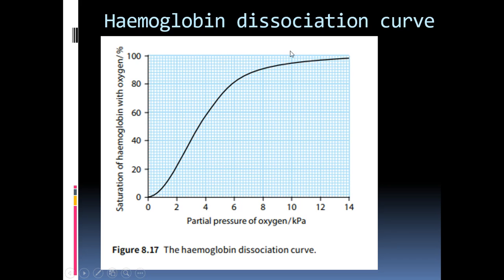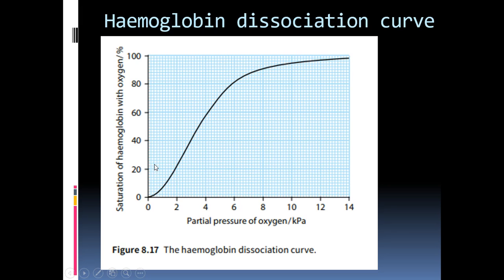So this represents perfectly what is going on inside the lung: high oxygen concentration when you breathe in, therefore a high percentage of hemoglobin will bind with those oxygen molecules.